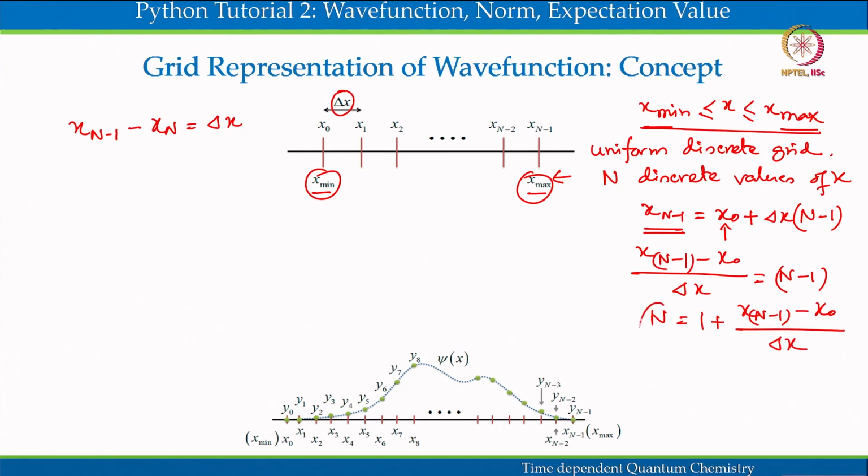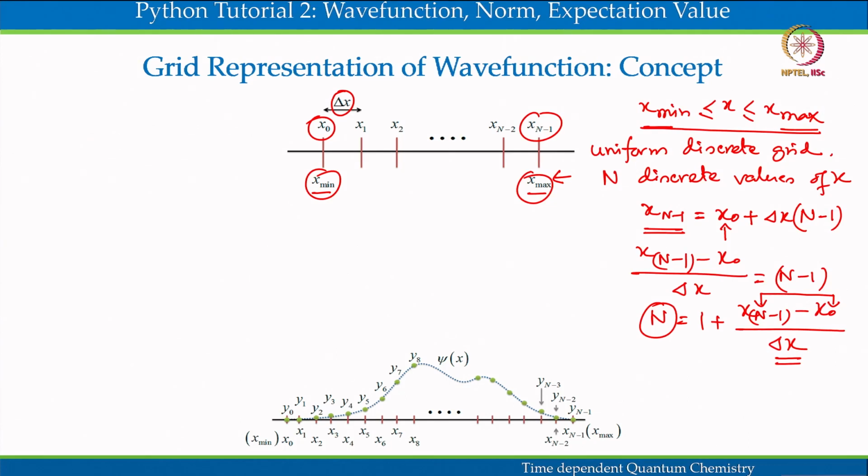So how many grid points I have depends on the spacing I am selecting and the range I am selecting. This is the range we have selected: xn minus 1 is the maximum of the range, and x0 is the minimum value. So this many grid points we have, and because we have this many grid points, we'll have that many values of the function.